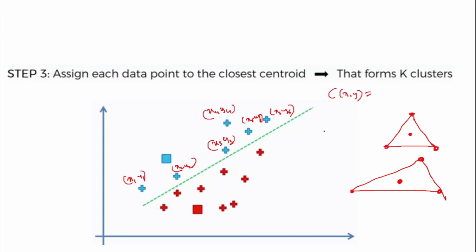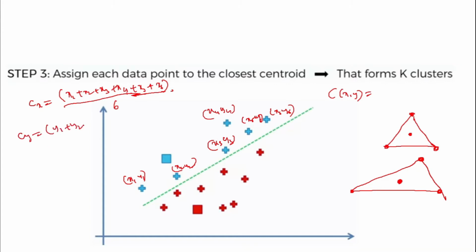So I need to calculate first c of x. What is c of x? Take all the x. How many x are there? x1 to x6, right? So take x1 plus x2 plus x3 plus x4 plus x5 plus x6 divided by how many numbers? Divided by 6 numbers. So this is cx. What is cy?